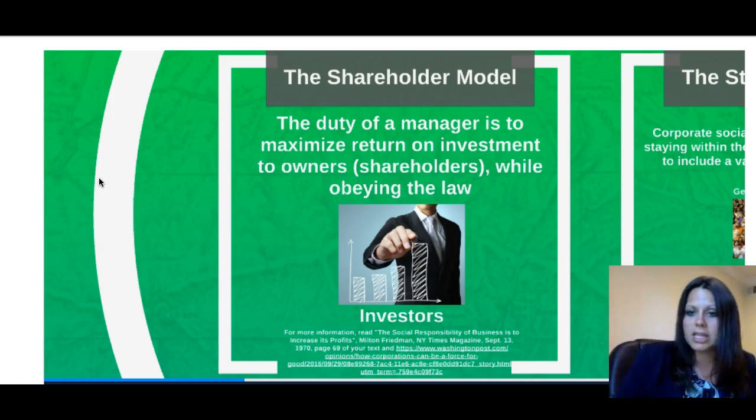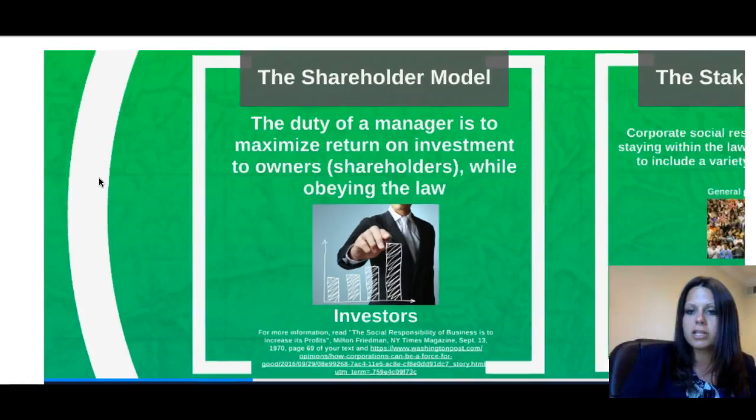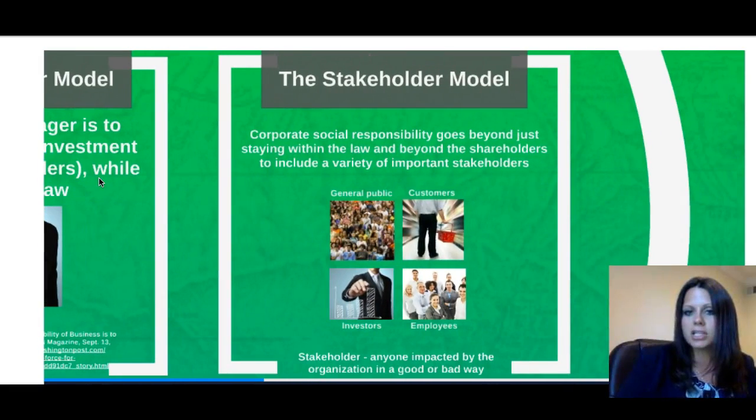Now, there are competing theories. Remember, perspectives vary on this. The more common model that's being followed by businesses today is what we call the stakeholder model. Rather than this focus of the shareholder model just on the investors, the shareholders, people who have some kind of stake in the profit of the business, the stakeholder model looks beyond that.